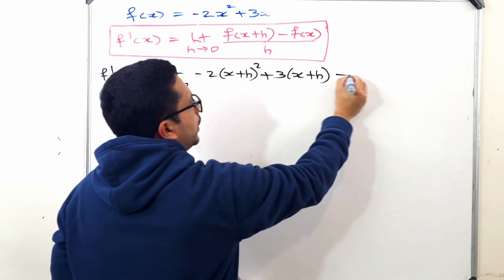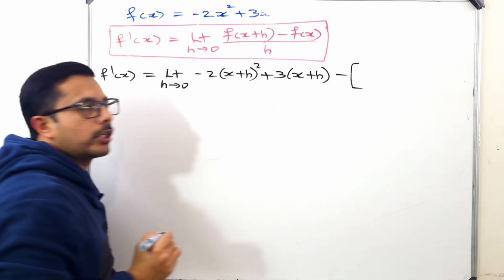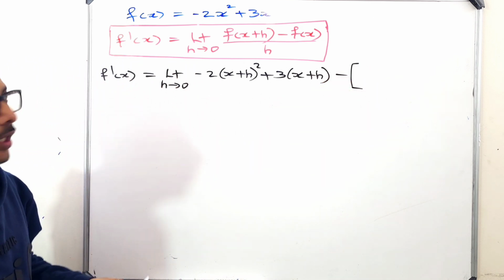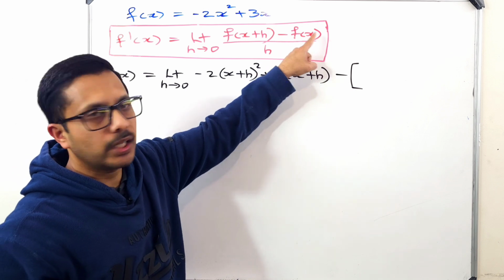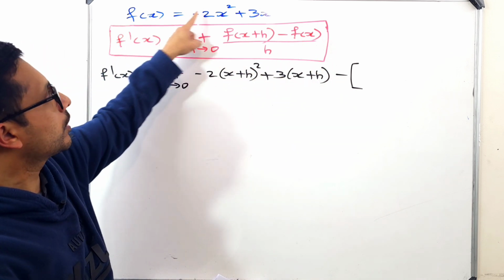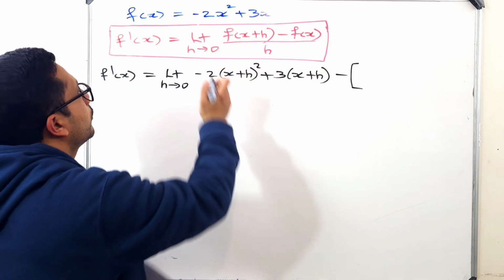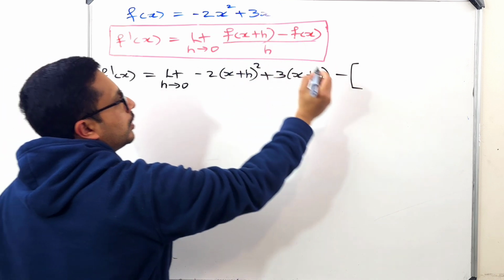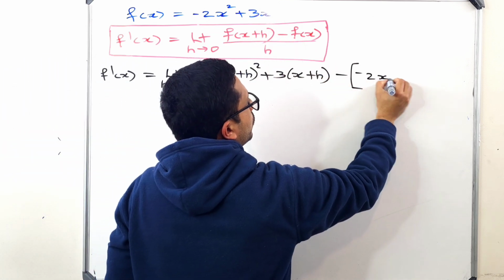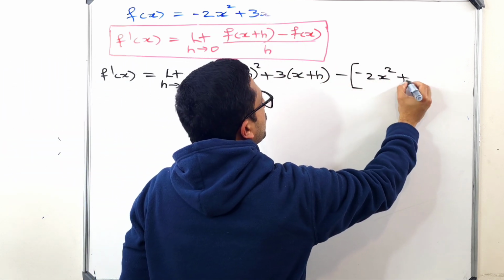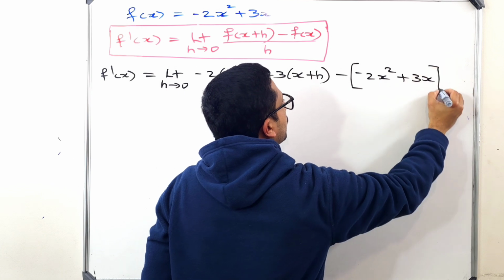Then minus, I put a square bracket to avoid mistakes, minus f of x. You have to write once more that f of x: minus 2x square plus 3x.